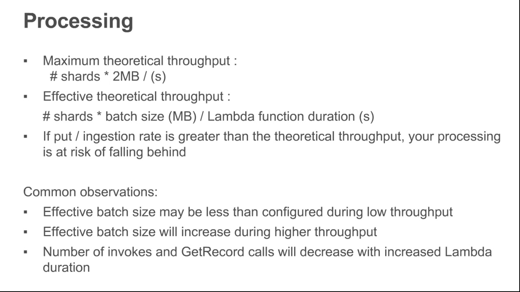The number of invokes and get records calls that you will see in your metrics will decrease when the Lambda function duration increases. And this is part of the blocked synchronous behavior. When the Lambda function waits for a Lambda execution to return, it will also not be invoking and calling get records APIs. So you will see those metrics also decrease in that case.